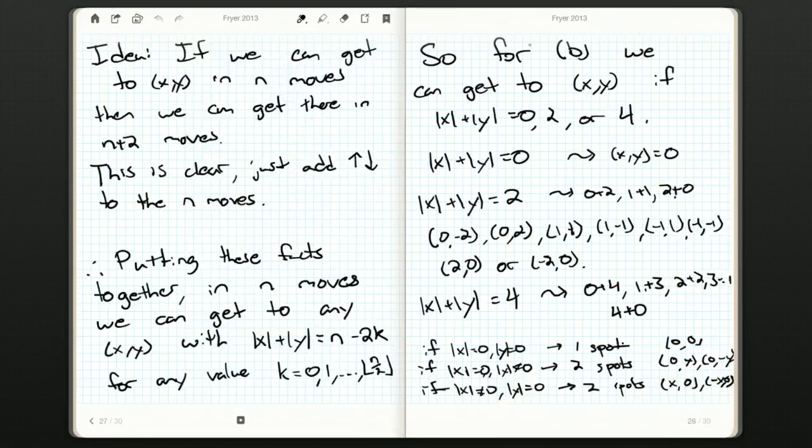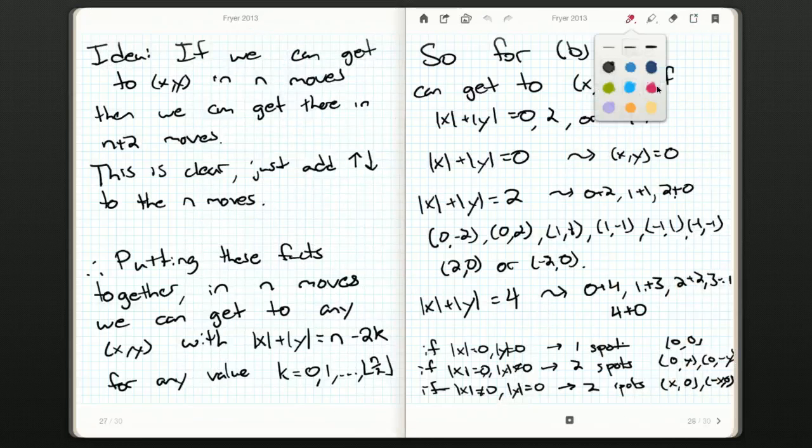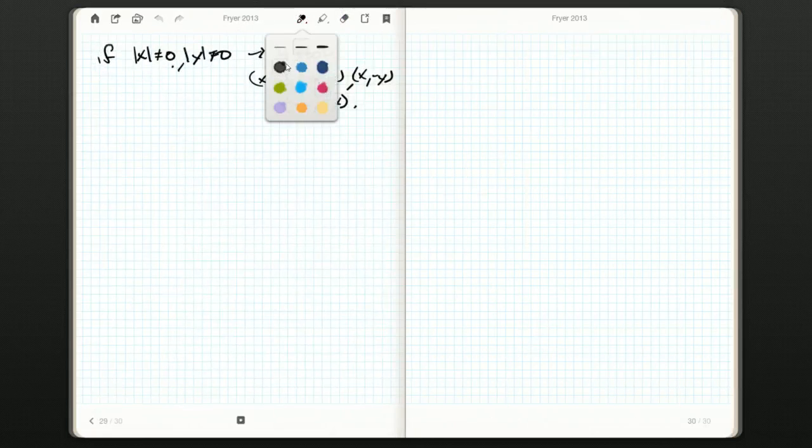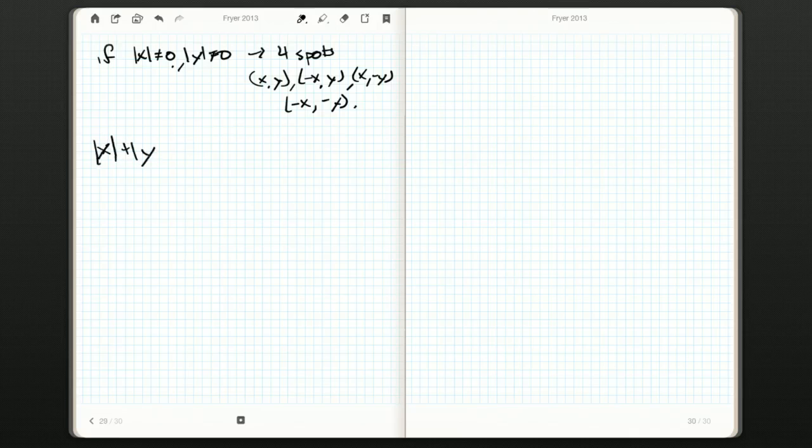So what we're going to do is we're actually just going to restart this part of the question over again. Alright, so we would have the sum of the absolute values of x and y equal to 0, 2, or 4. Okay, so for the sum equal to 0, that gives us 1.